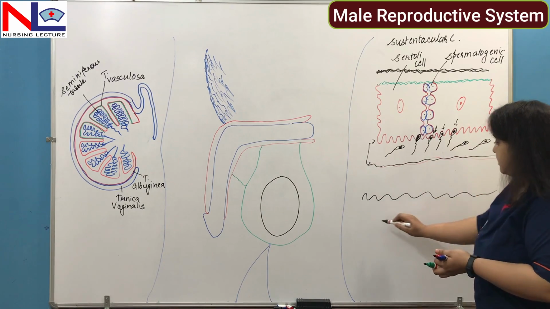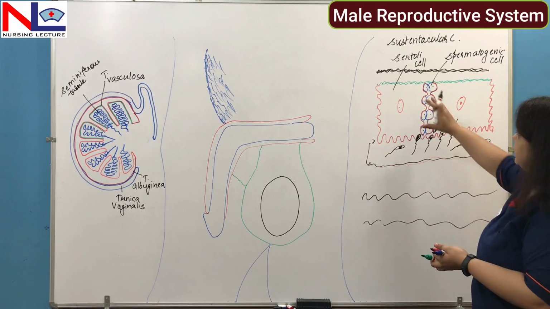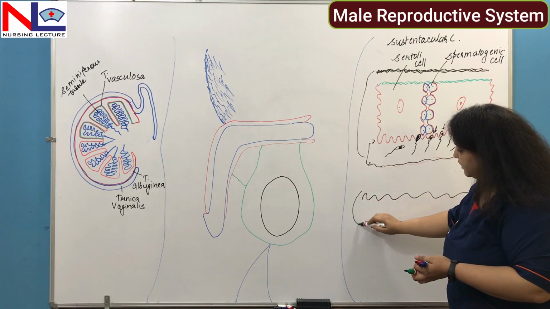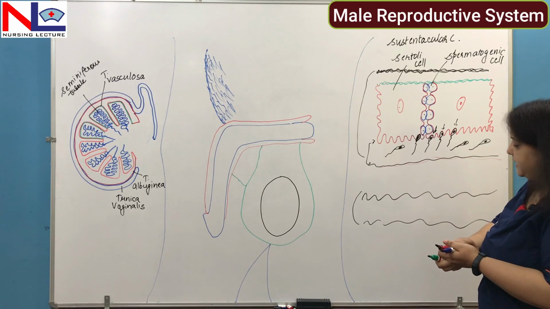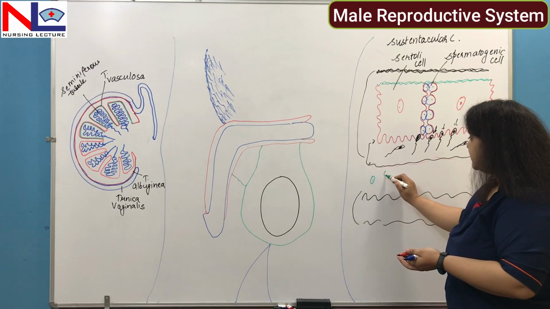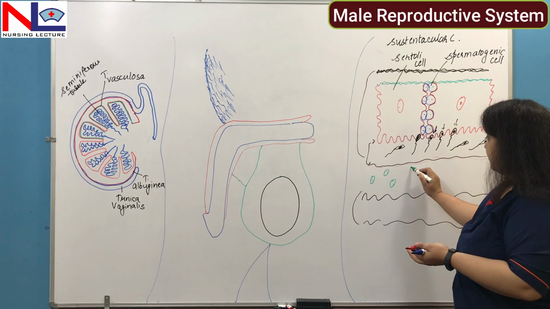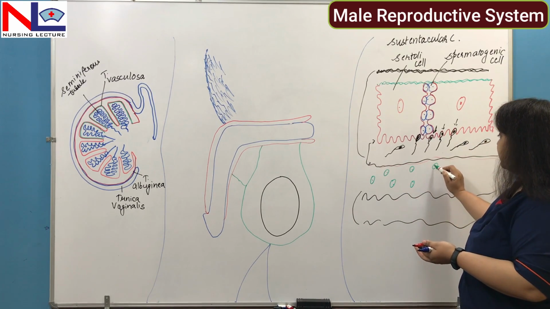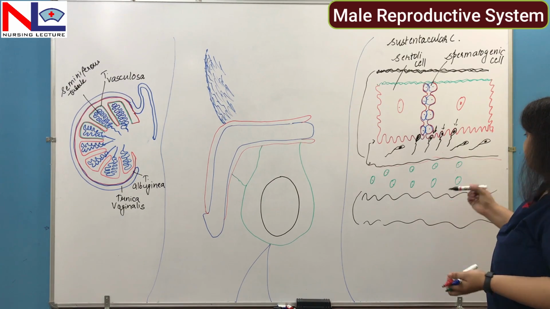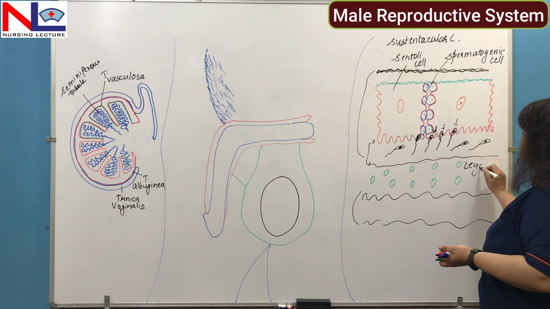Sertoli cells nourish the spermatogenic cells, and in between two seminiferous tubules, suppose here is one seminiferous tubule and this is another, there are specialized cells lying in between these tubules, the Leydig cells, also called interstitial cells.